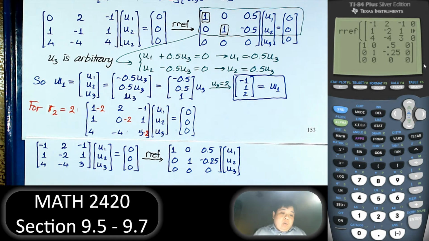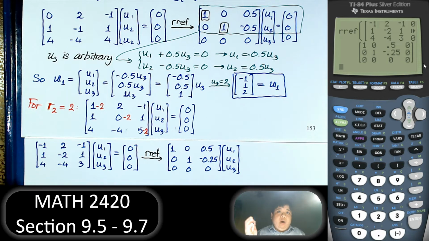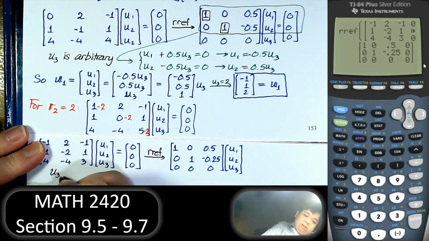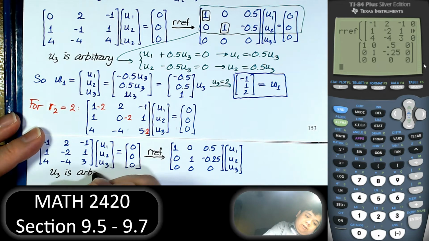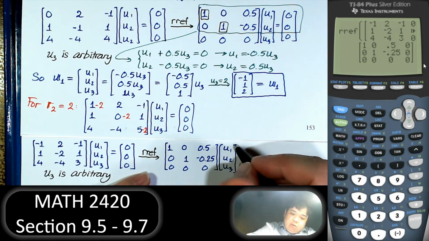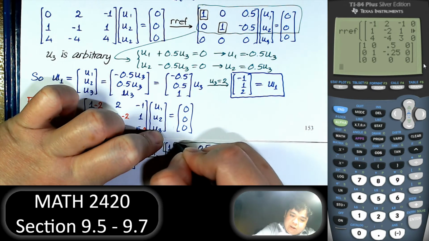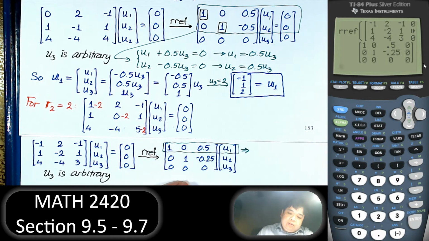Right. Now with this, of course, then we can use once again 1 in first column and second column. So we choose U1, U2 in terms of U3. U3 will be arbitrary. And let's just write this equation here. What do we have?